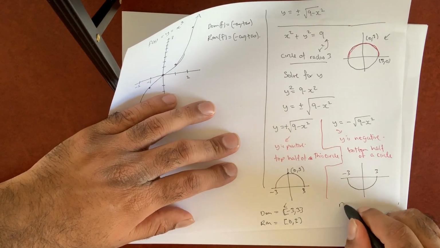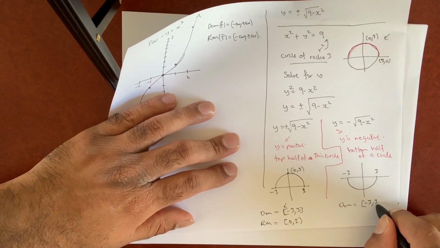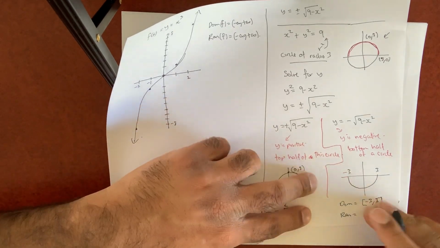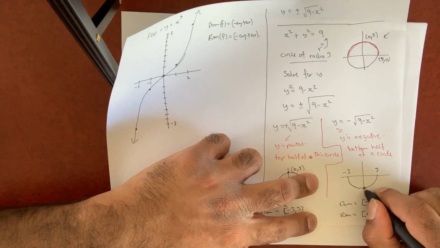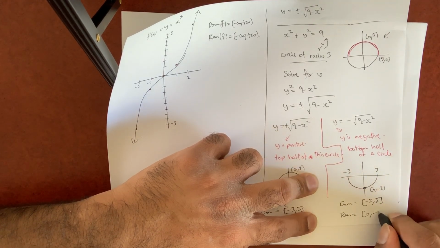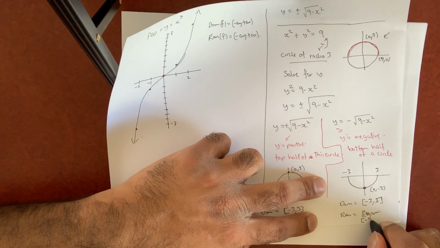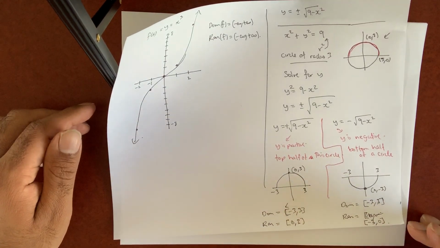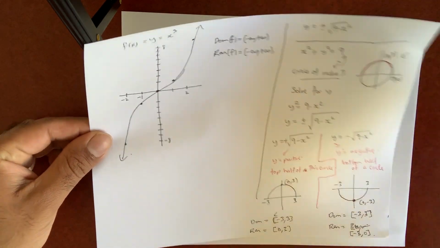Whereas here, the domain is still -3 to 3, but for the range, the highest y value is 0, and the lowest y value corresponds to this point, which is -3. Whoops, sorry, -3's got to go first. -3, comma 0. Okay, so that's the domain and range for each of those.